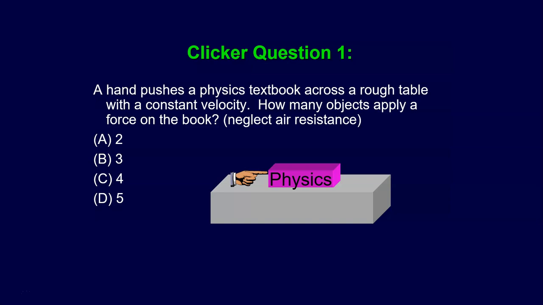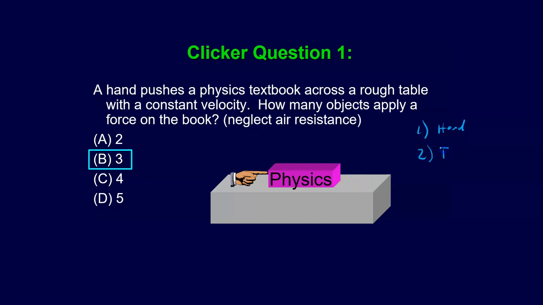So let's look at this question here. A hand pushes a physics textbook across a rough table with a constant velocity. How many objects apply a force on the book? Think about this for a second and we'll talk about it. Hopefully you got three objects. The three objects that would be applying a force on this book would be that person's hand, which is in contact the whole time.